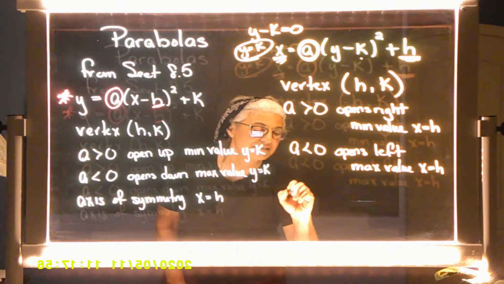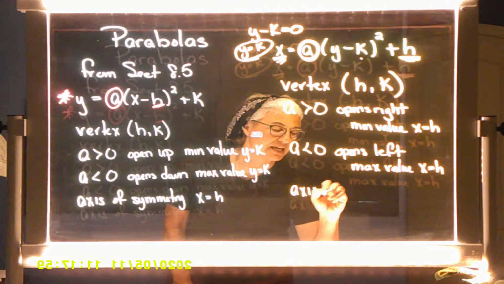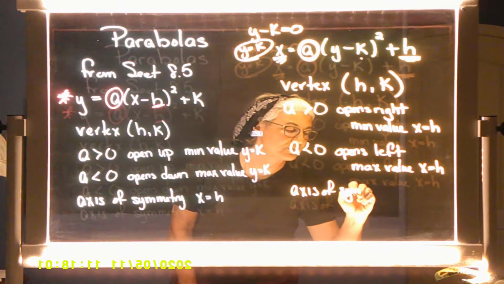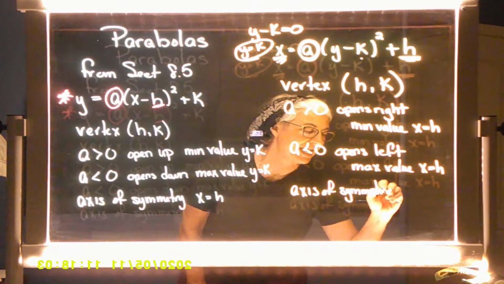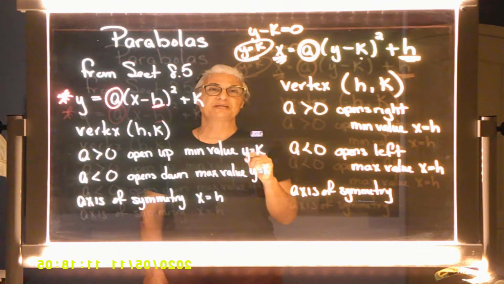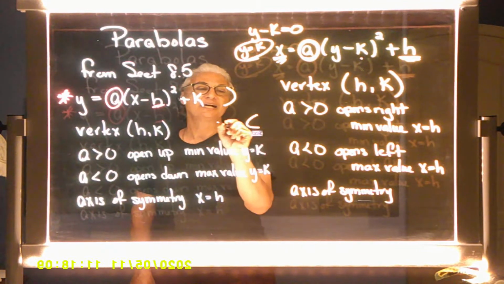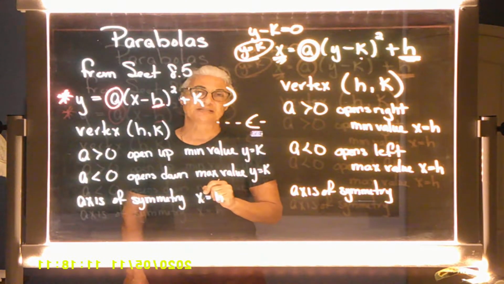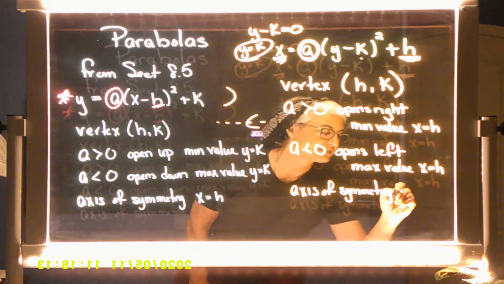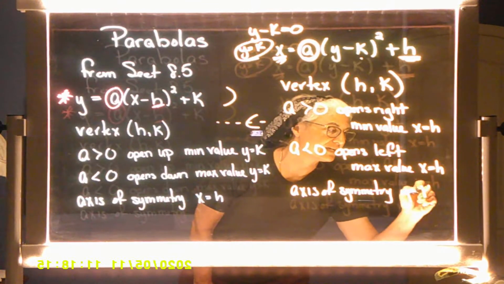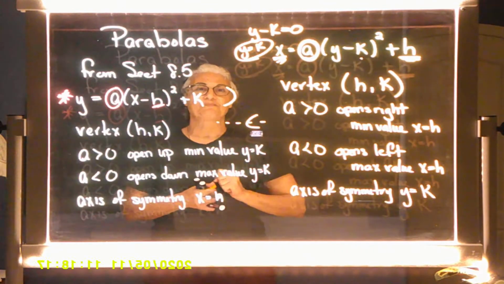Okay, last thing is that axis of symmetry, that line that cuts it right through the middle. In this case, if I have a parabola opening left or one opening right, cutting through the middle is horizontal, isn't it? Which means that's a y equals line, and in that case, y equals k.